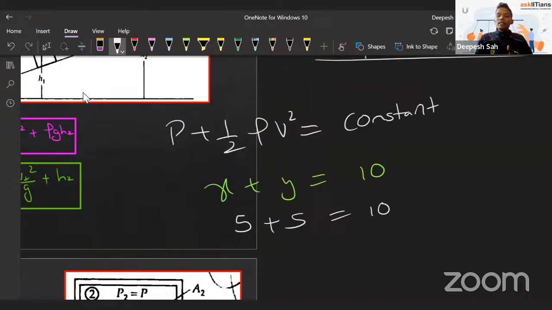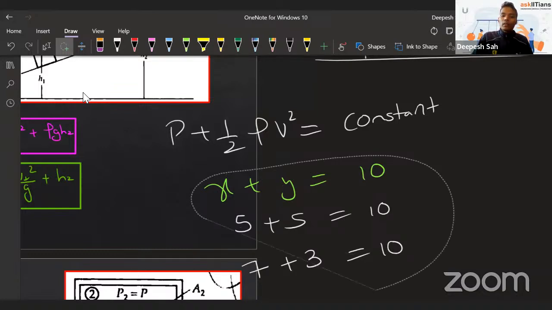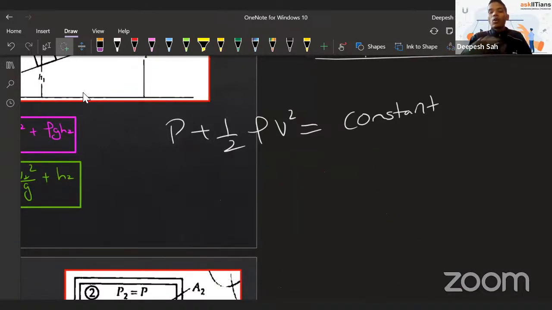But if I want to increase the value of x, then I have to decrease the value of y to get the same answer. That means if I increase pressure, I have to decrease velocity, or if I increase velocity, I have to decrease pressure. Am I right? Yes, sir.